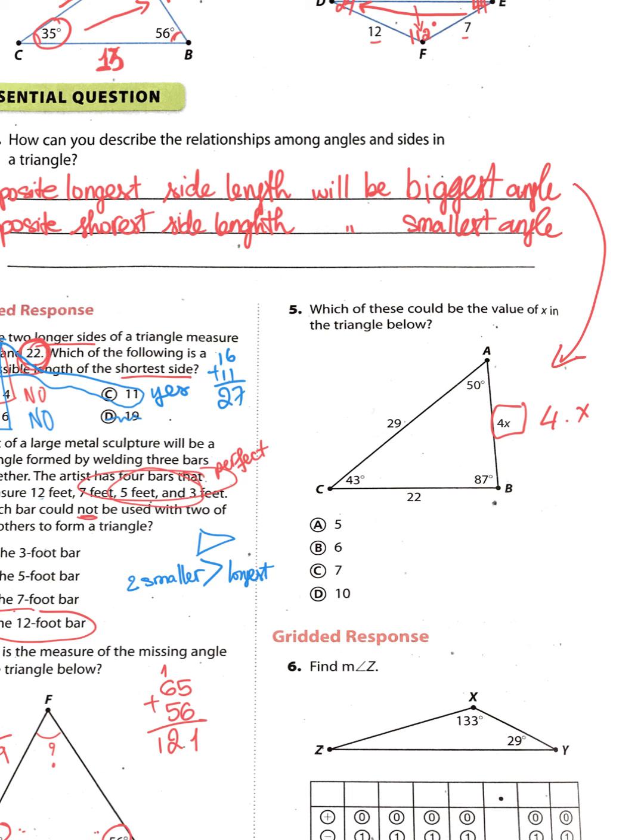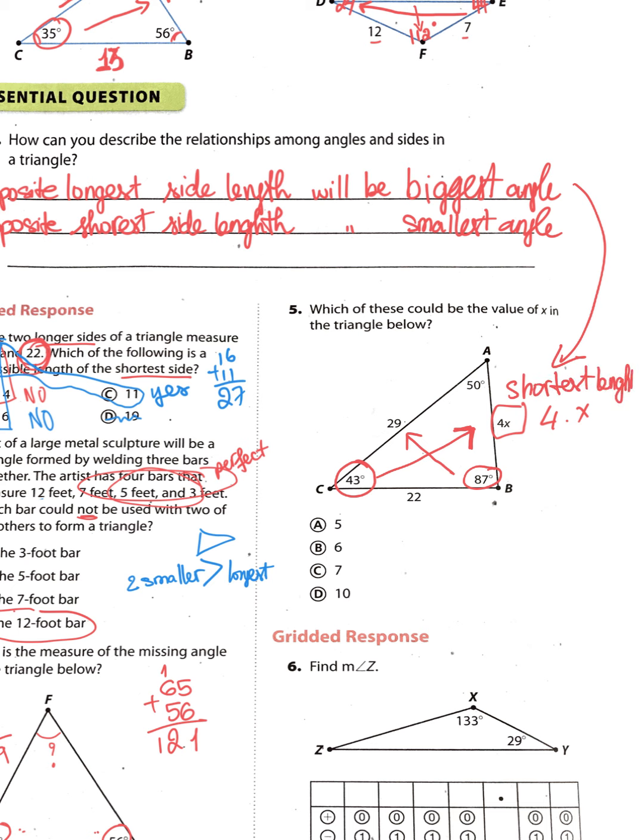The longest side goes with the biggest angle. So the biggest angle will be 87, so the longest side length is 29, right? Oh, I mean the smallest angle will be 43. So this will be the shortest length.